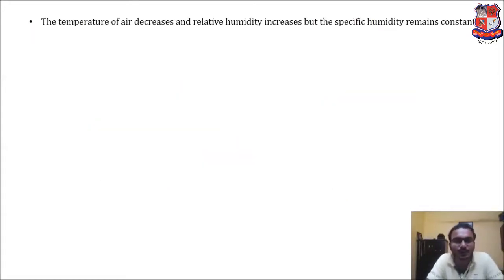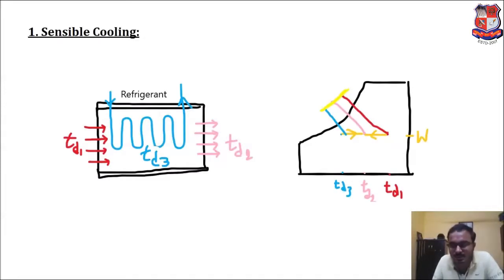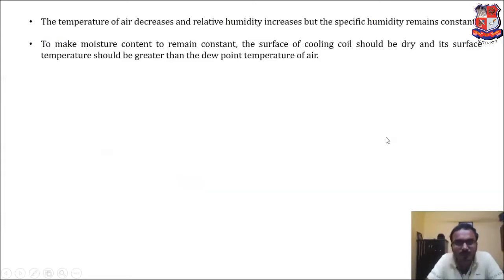Now the temperature of air decreases and relative humidity increases, but the specific humidity is remaining constant. To maintain the specific humidity constant, the surface of the cooling coil should be dry and its surface temperature should be greater than the dew point temperature of air.